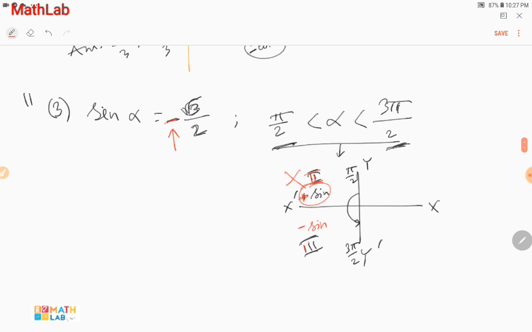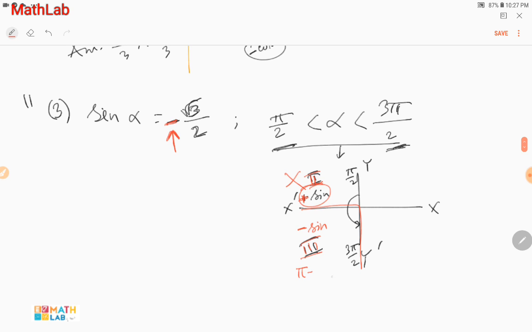In quadrant 3 sine is negative, and our given equation has sine negative, so we have to calculate only for the third quadrant. In the third quadrant, we already know that the value of alpha will be pi plus theta.